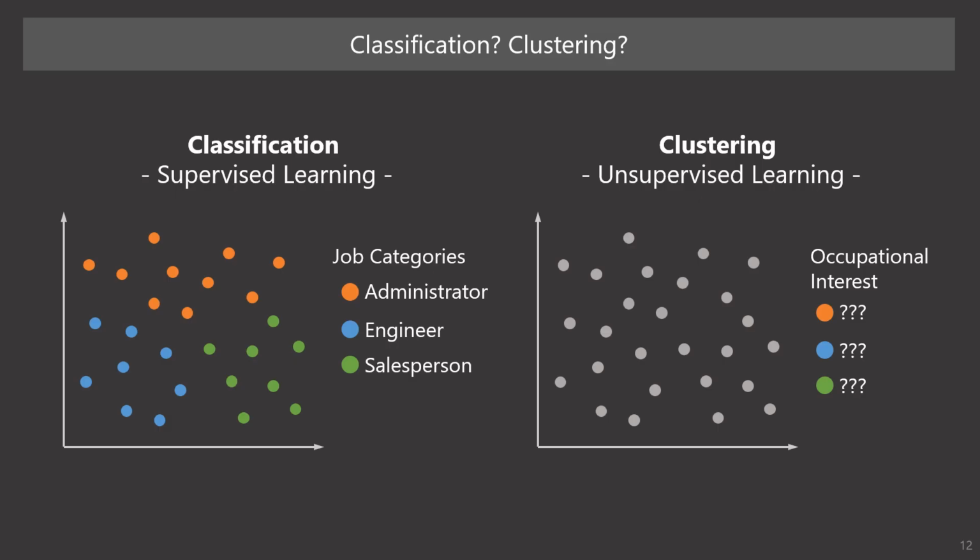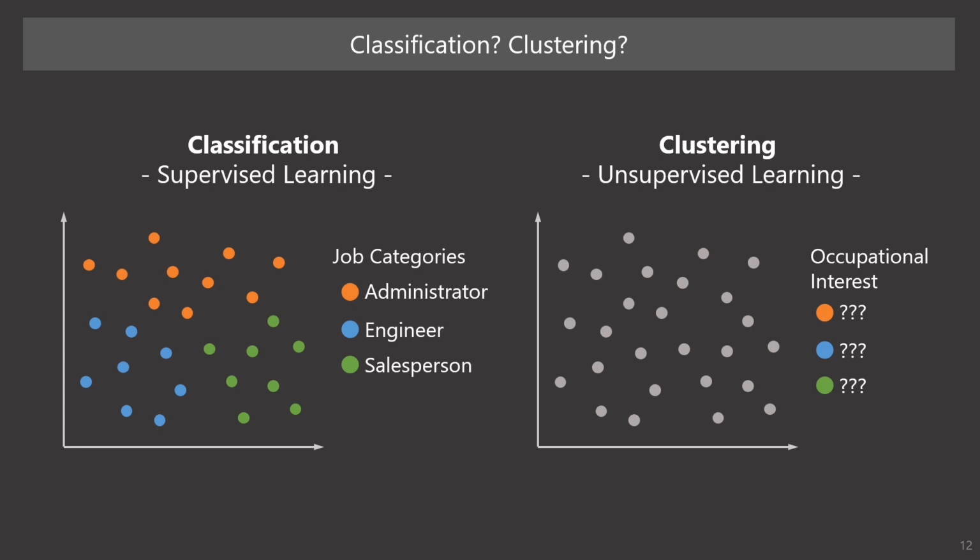Next, let's consider a case where we want to divide workers based on their occupational interest. But we do not have predefined categories of their occupational interest, and we do not know how to categorize their occupational interest. In such a case, we can use cluster analysis to group data based on underlying patterns in their occupational interest.